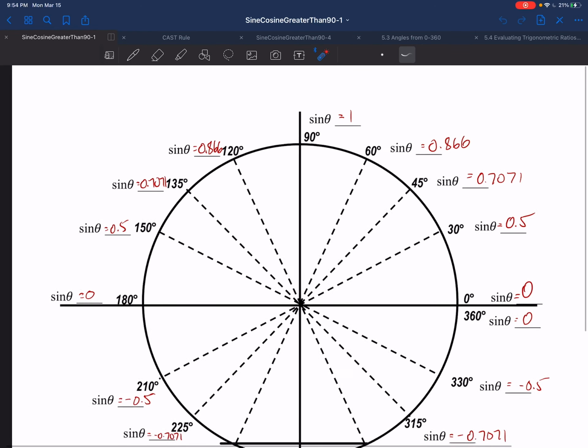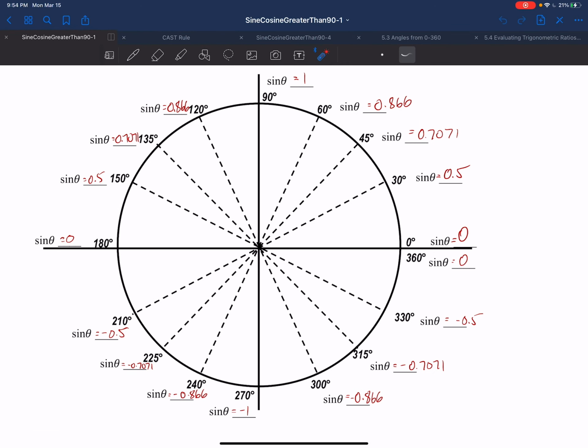When we go to the bottom here, from 180 to 270 or 270 to 360, again we start to see the same numbers, but one thing is different: they are negative.